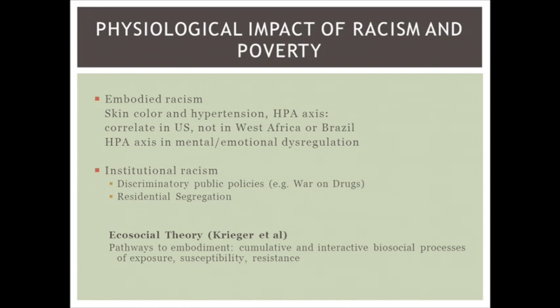They found that darker skin correlated with hypertension and HPA activation in the US, but not in West Africa and parts of Brazil, where skin color didn't have the same social implications for ability to advance, likelihood of poverty, et cetera. I'll note it's less clear how this relates to mental health outcomes, because there isn't as much research, but the HPA axis is also involved in emotional dysregulation and mental function. So we can definitely see a potential mechanism there.